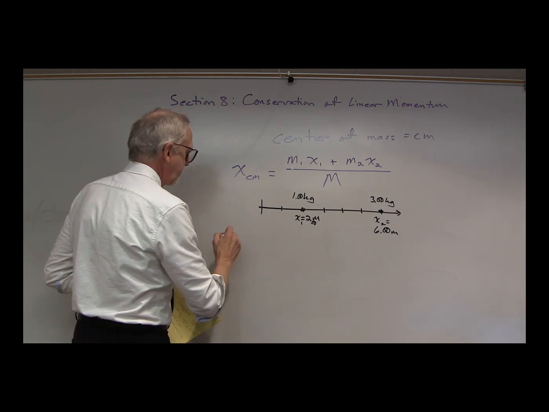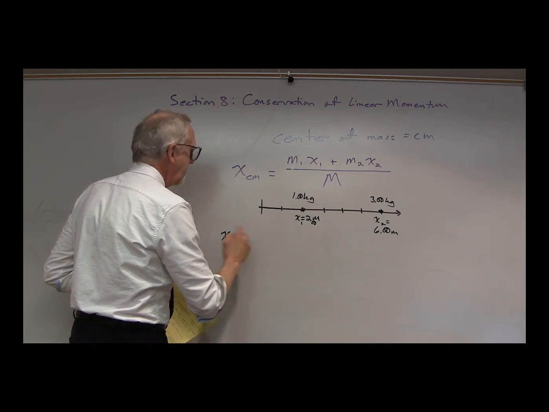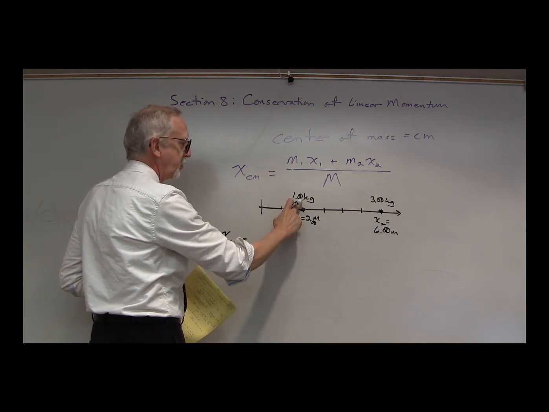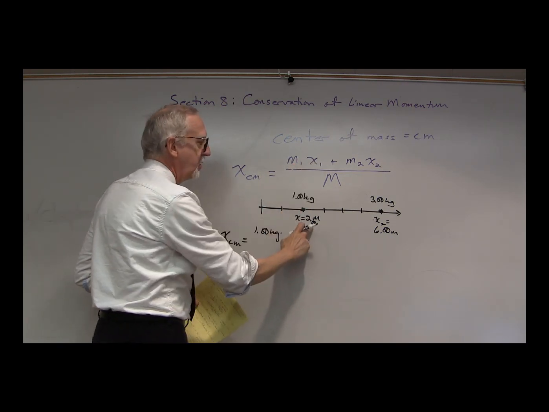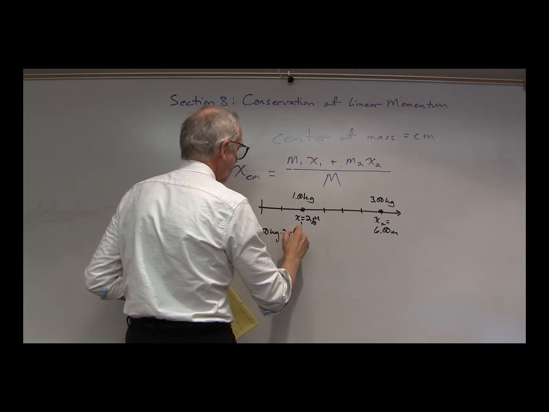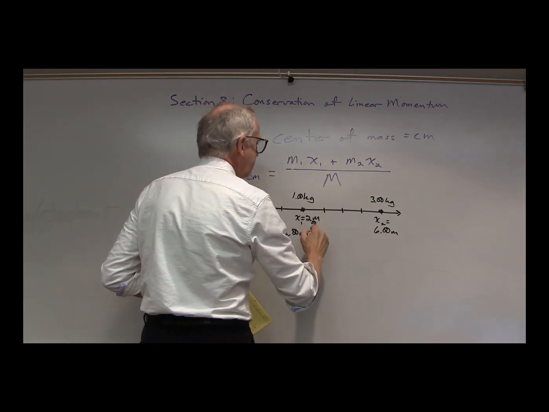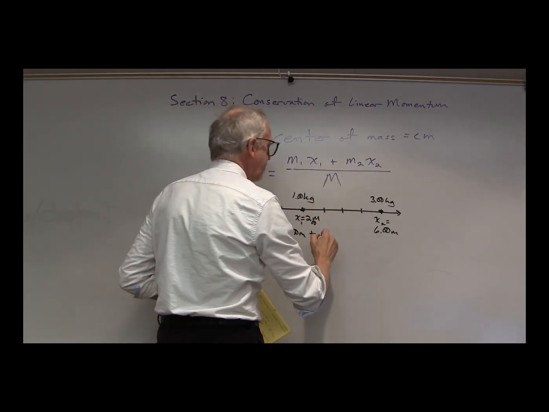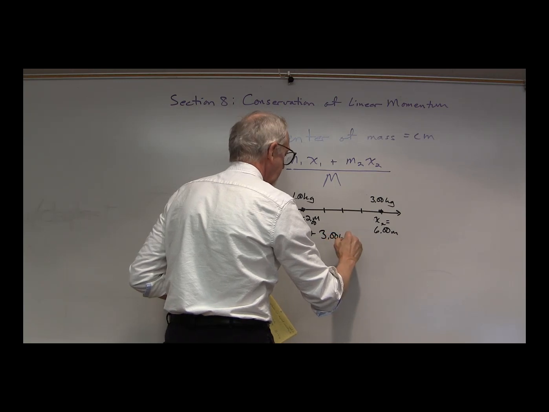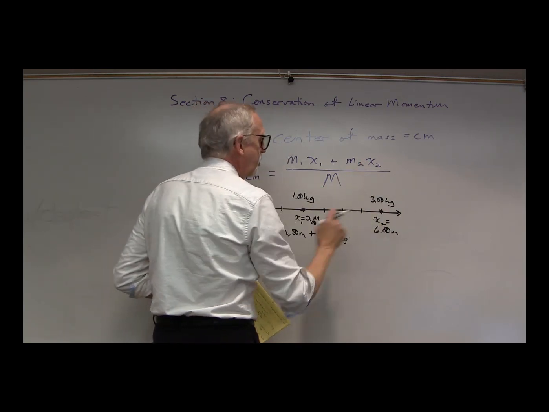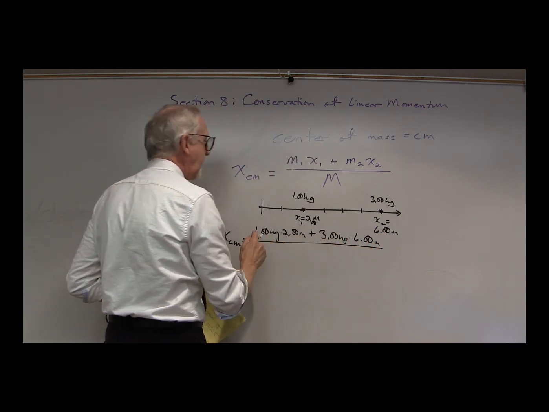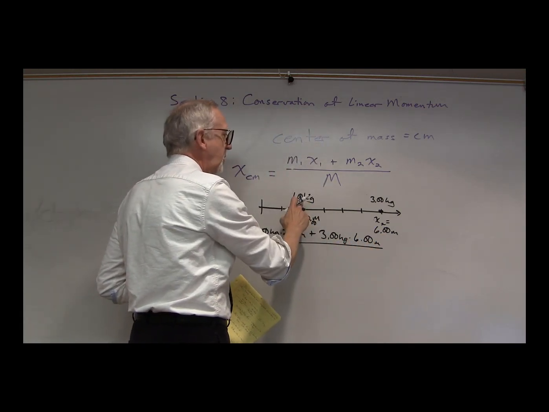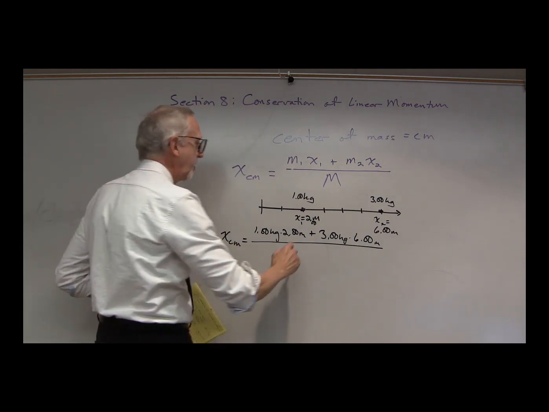We get the x position of the center of mass is equal to m1, so that's 1 kilogram, times x1, which is 2 meters, plus m2, which is 3 kilograms, times x2, which is 6 meters, divided by the total mass, which is 1 kilogram plus 3 kilograms, or 4 kilograms.